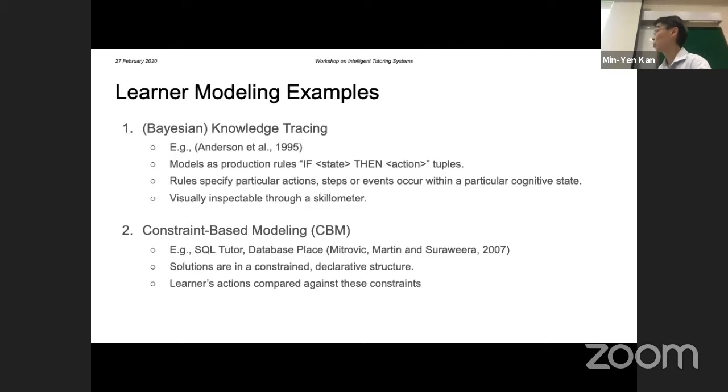Whereas constraint modeling is a different approach. It thinks of the destination. You've heard this quote: it's the journey that matters, not the destination, right? So in basic knowledge tracing, it's the journey. It's the steps that make the solution valid. In constraint-based modeling, it's the destination, meaning that a solution is something that specifies how all of the parts of the solution relate to each other in a constrained fashion.